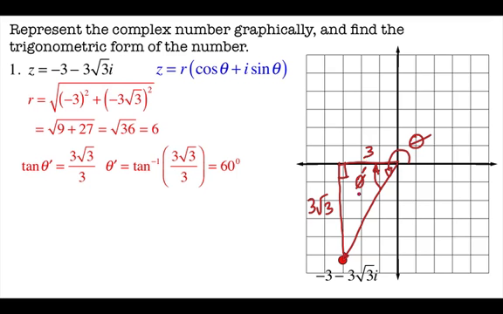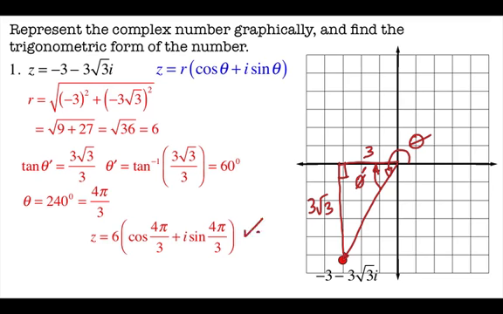Do the inverse, I get 60 degrees. So this is my theta prime. How do I find my theta? I add 180 to 60, and that's how I end up with 240. And I use the radian measure of 240, which is 4 pi over 3. And this is my answer. This complex number in trigonometric form is equal to this. Next slide.